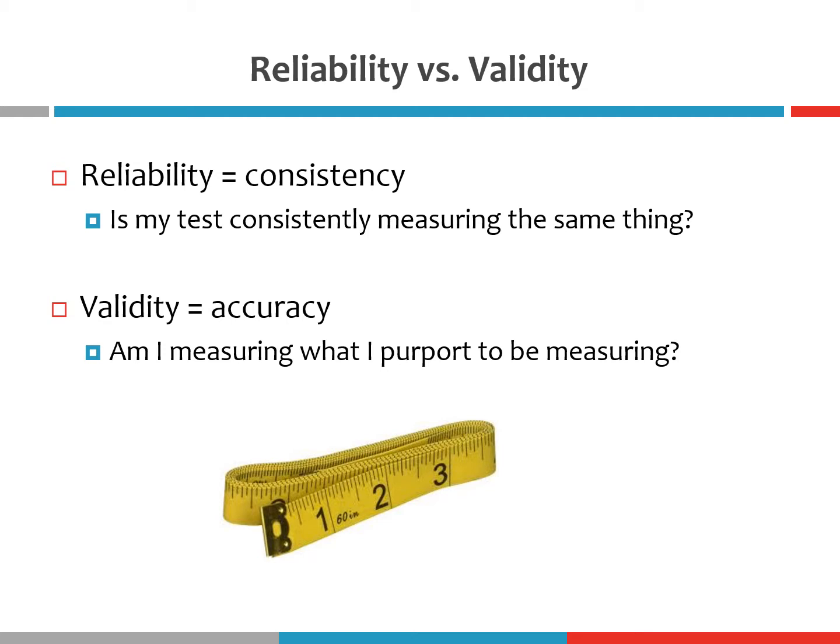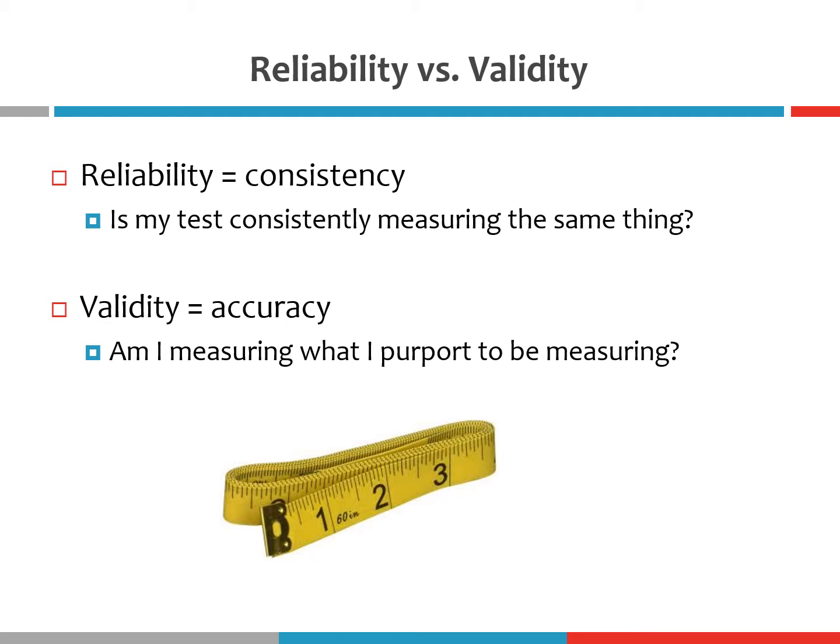But what we're going to talk about now is the validity of your measurement instrument or your questionnaire or whatever it might be, okay? Validity is concerned with accuracy, right? Instead of asking if our test consistently measures the same thing, we're asking if our test measures what we purport it to be measuring, or what we think it's measuring, right?